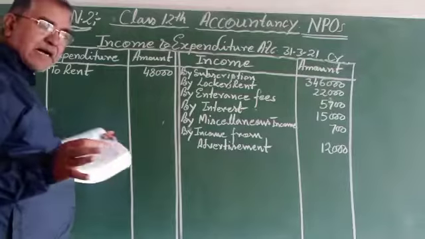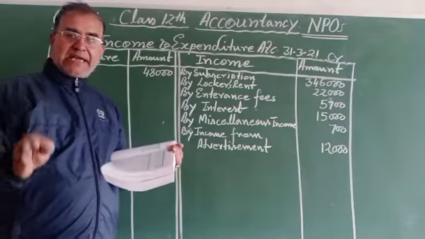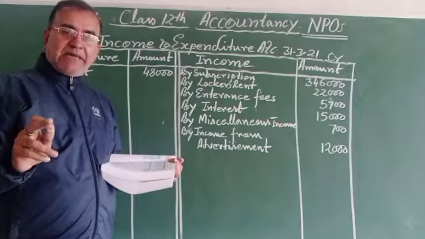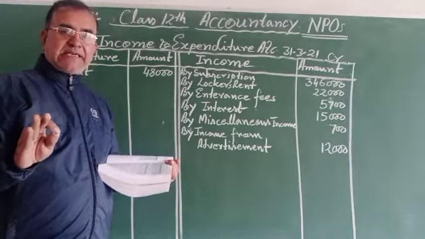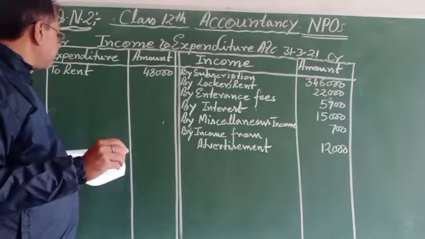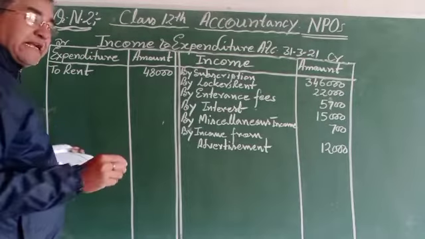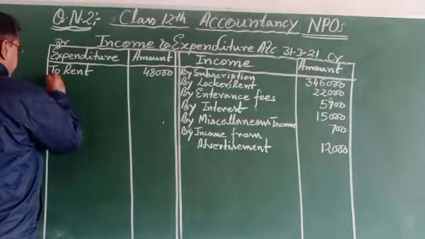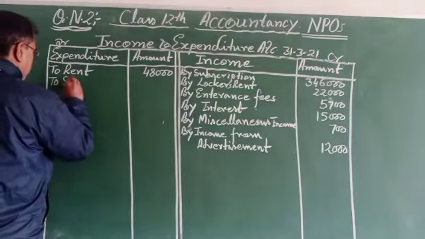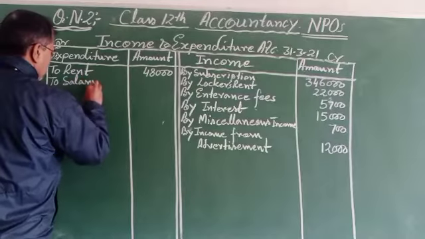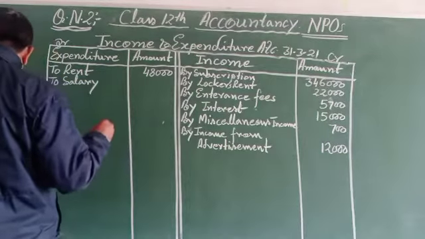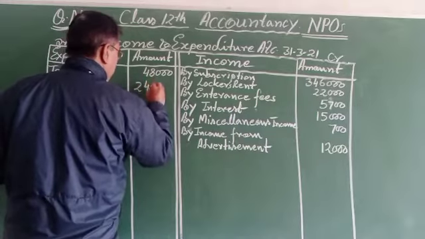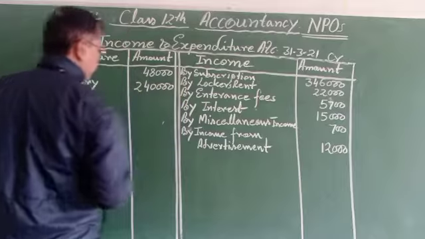Furniture purchase: this is an asset of the organization, so it will be an item of the balance sheet recorded in the assets column. Salary paid to the workers of the organization, so to salary, 2,40,000.